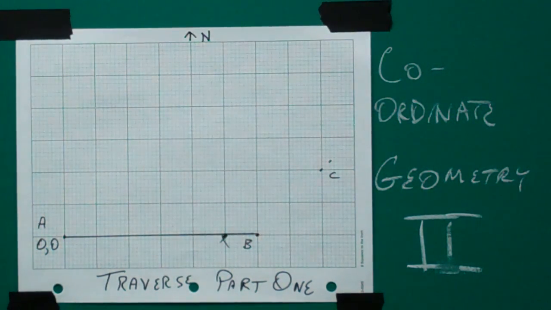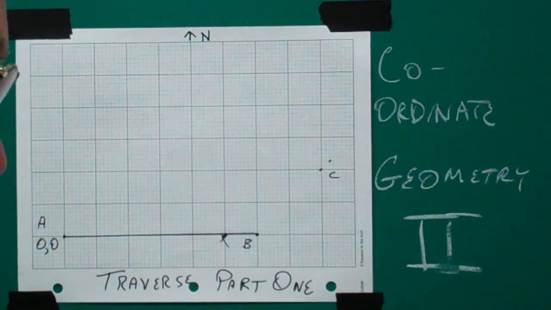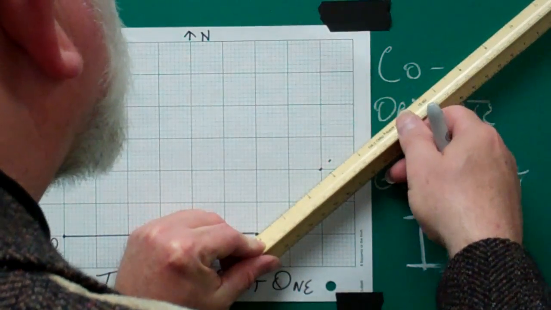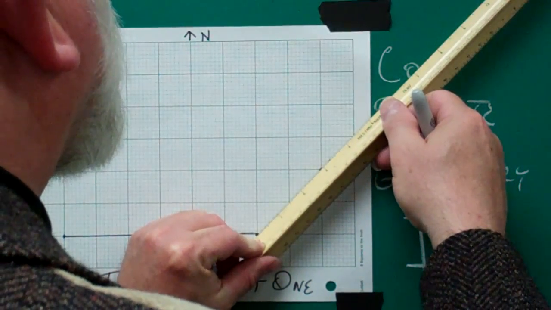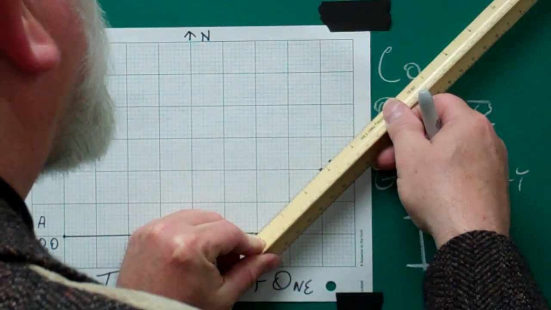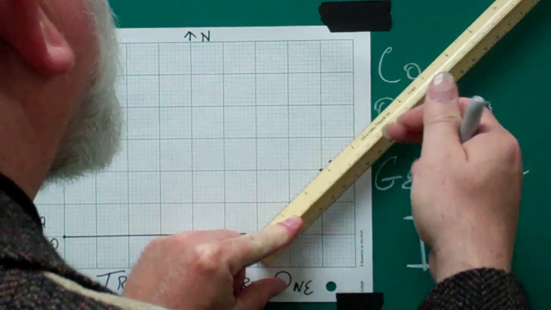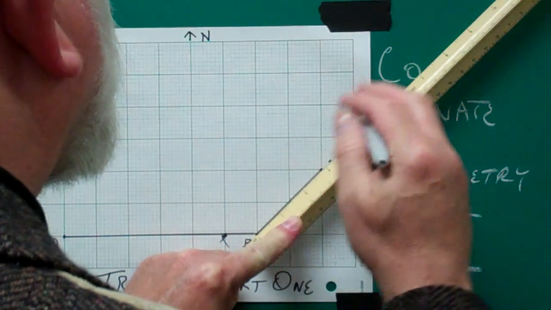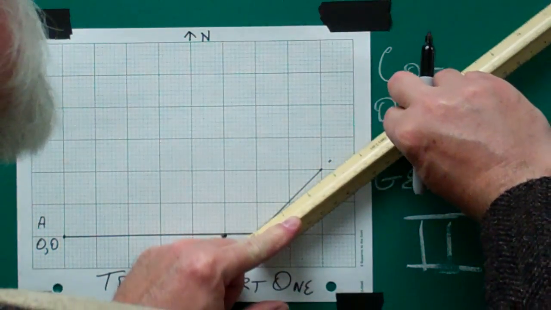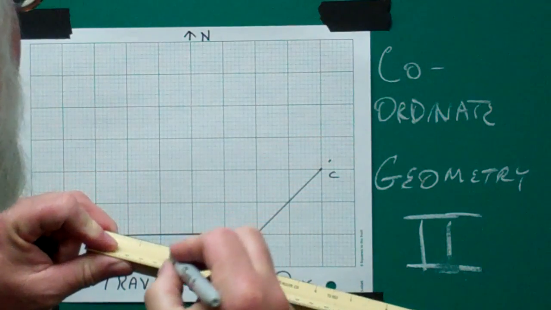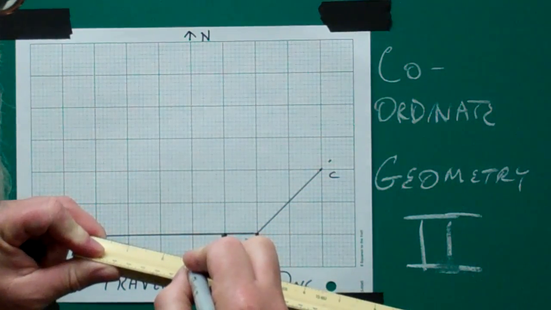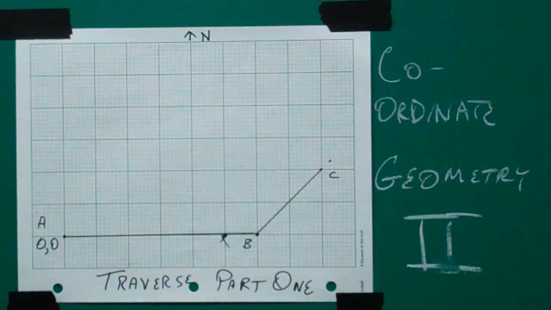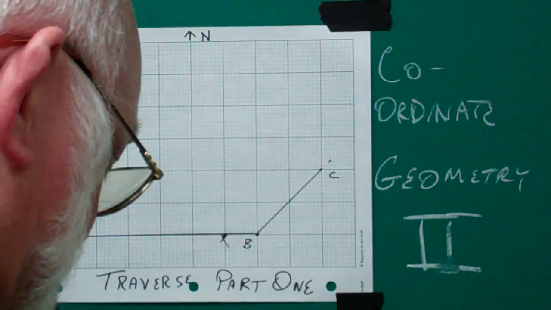Now let's go our distance. What is the distance? It is 282.84 feet. So you just go as far as you can in judging the correct distance. I'm going to guess it's about there, because that's a little over 200, 50, 75, a little bit over there. So that's our traverse here.